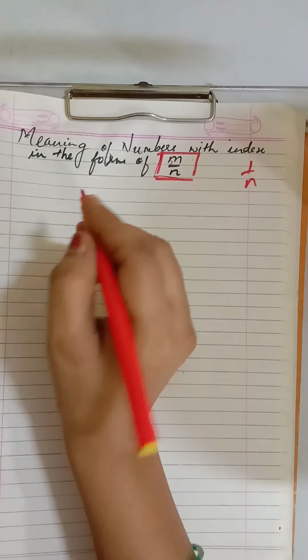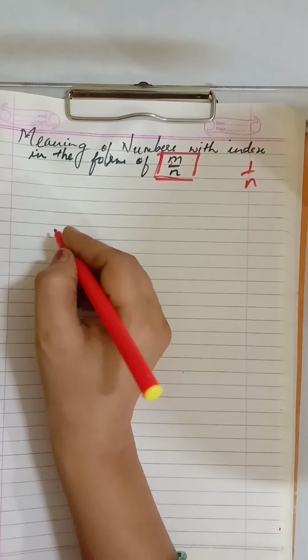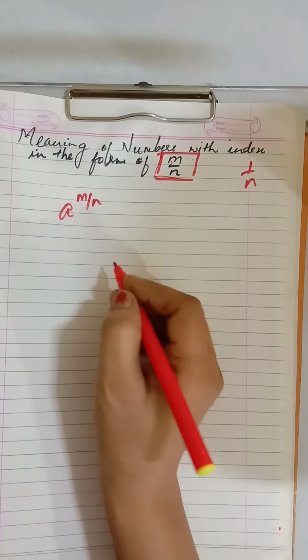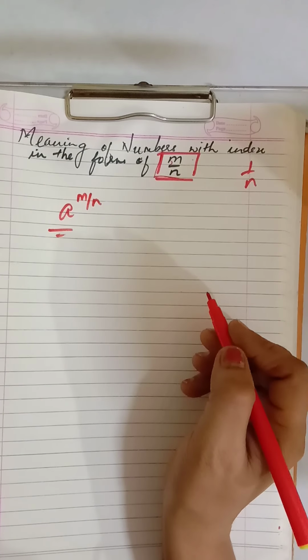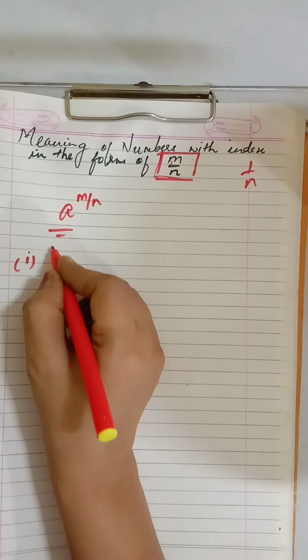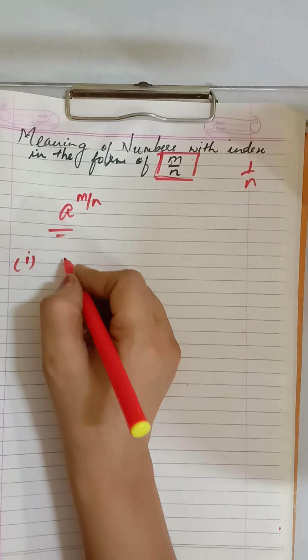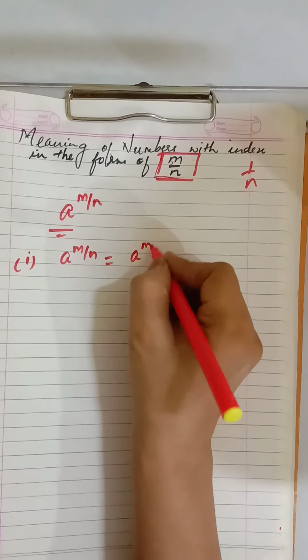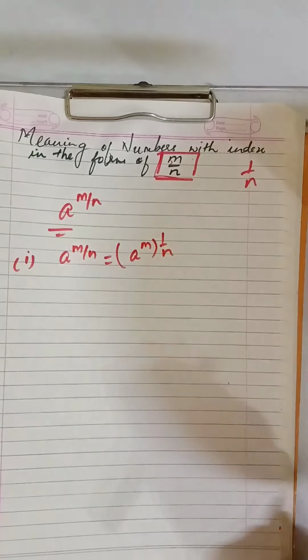Now see children, suppose we take the example a raised to m upon n. I can write this in two ways. The first way: a raised to m upon n can be written as a raised to m into 1 upon n. Yes or no, children?